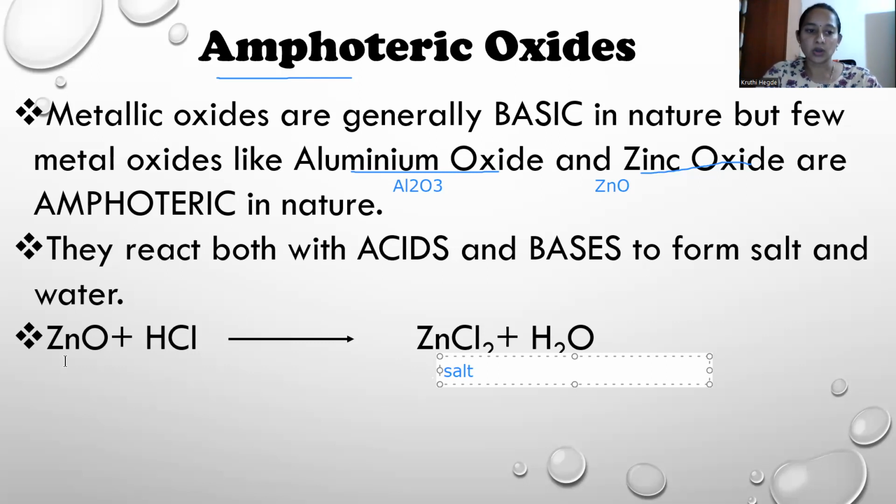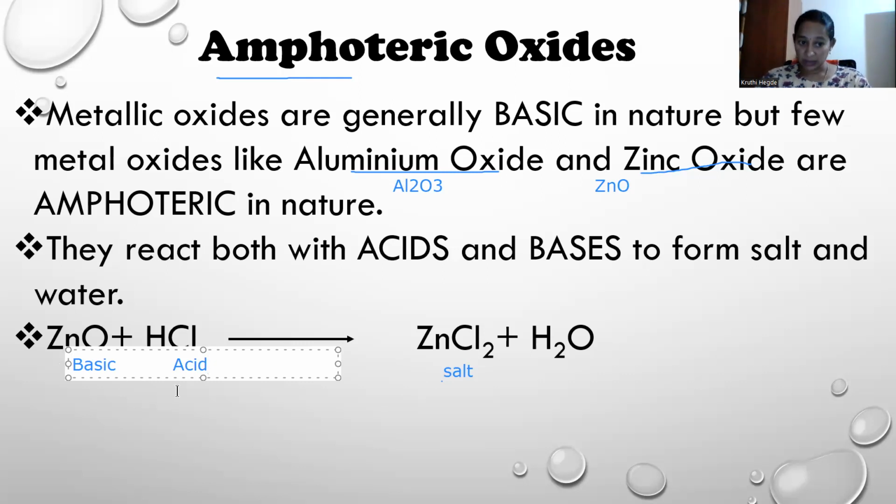Zinc oxide here is basic in nature. Why? Because we have taken HCl, which is an acid. So basic natured ZnO reacts with HCl to produce ZnCl2, which is salt, and water.